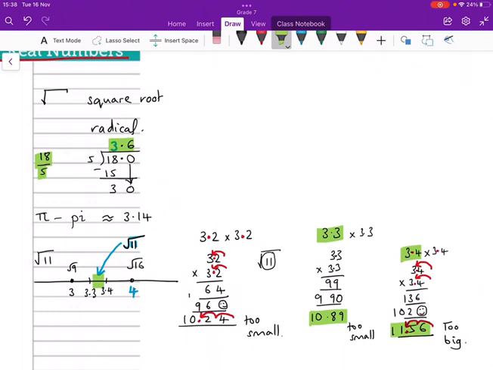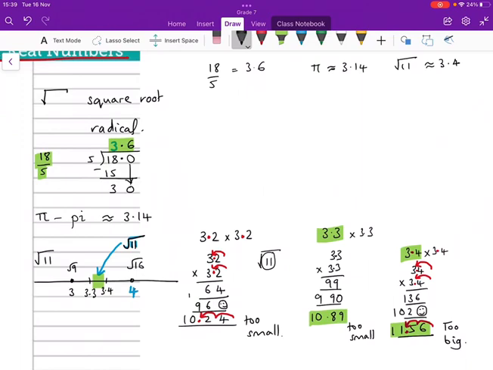And now I can start to order my numbers. I've got 18 upon 5, which I found to be 3.6. I've got pi, which we approximate to 3.14. And I've got the square root of 11, which we can also approximate to be, well, it's definitely less than 3.4. So I'll put 3.4 there.